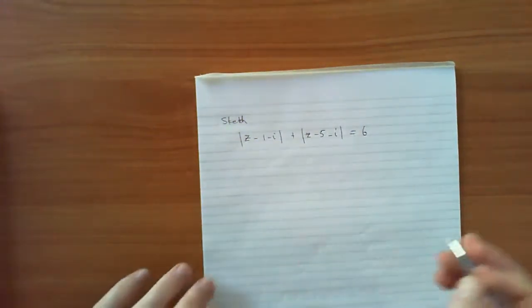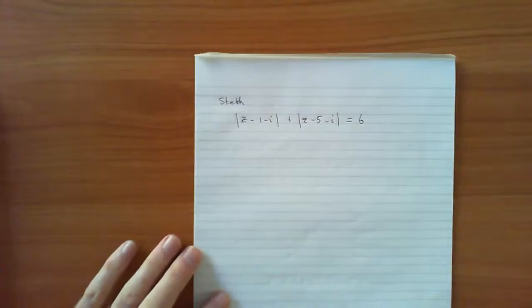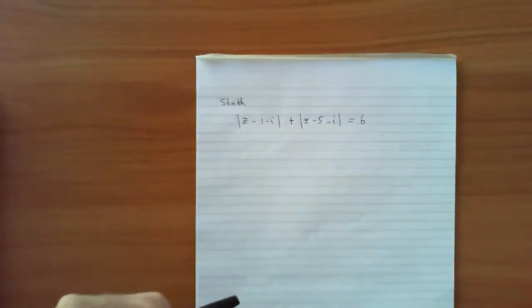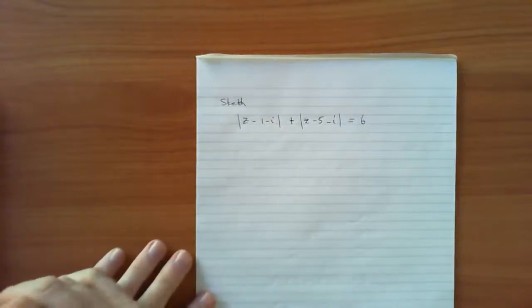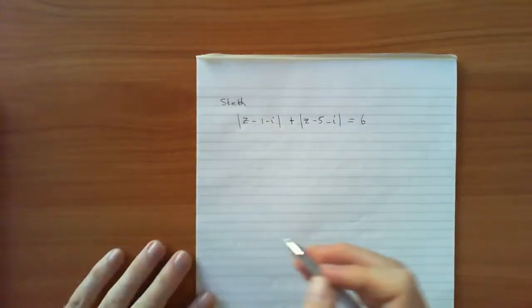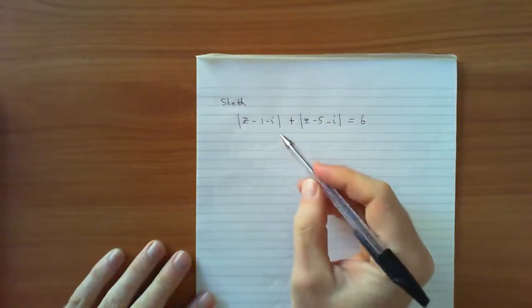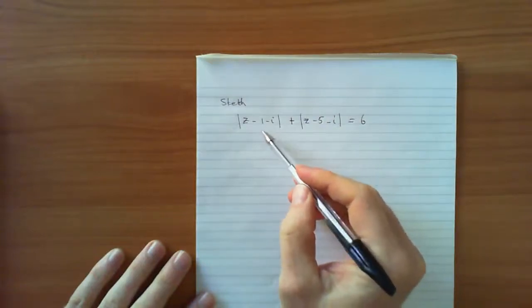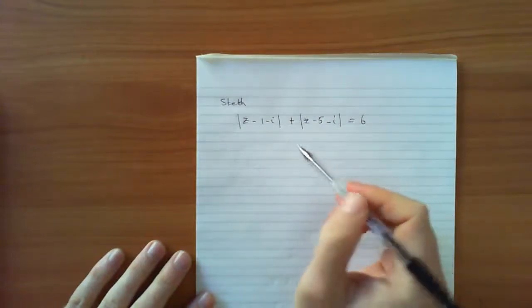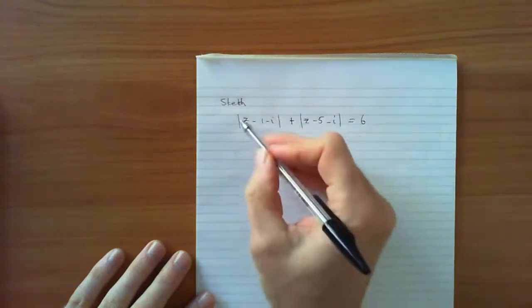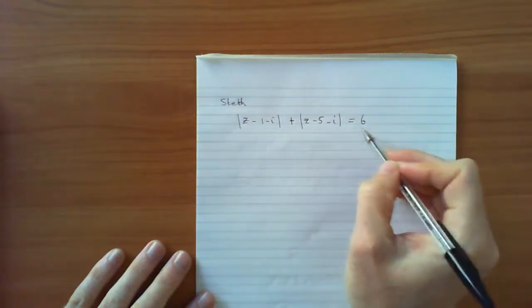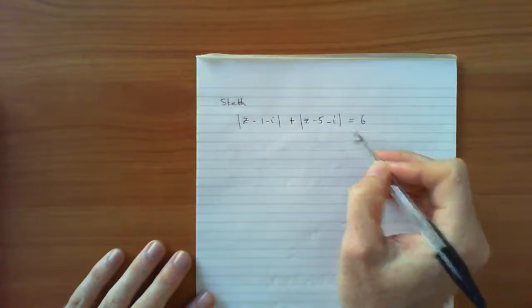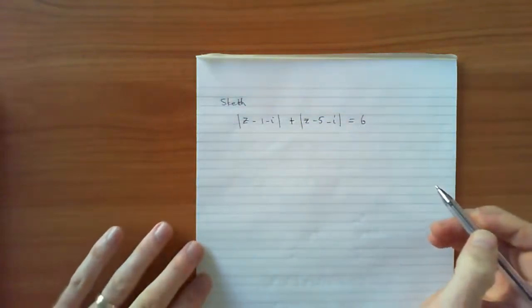First of all we need to recognize that this is actually an ellipse. We know it's not a straight line because we don't have one distance equals another distance. We know it's not a circle because we don't have a magnitude equals a constant. We do know it's an ellipse because we've got one distance plus another distance equals a constant. So that is the standard form of an ellipse.